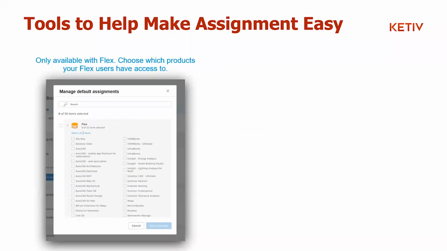There are some additional tools to help make assignment easy. With Flex Access, you do have the option to either give the users who will be part of Flex complete access to any tool that they want to utilize, or you can select a subset of products that you'd like them to have access to.